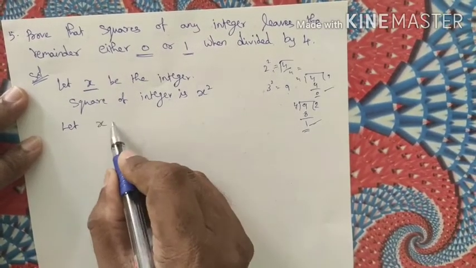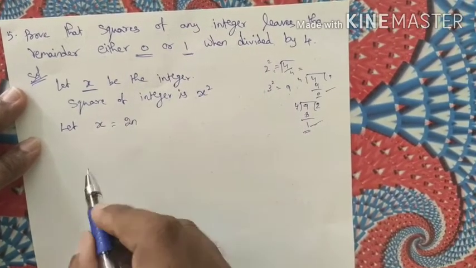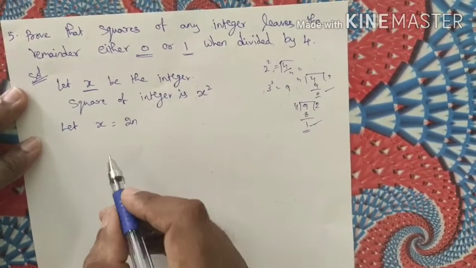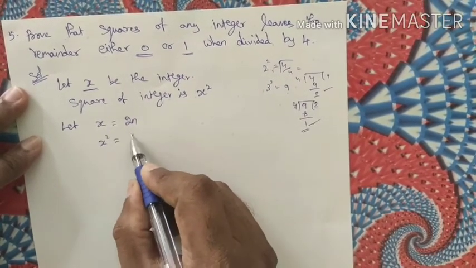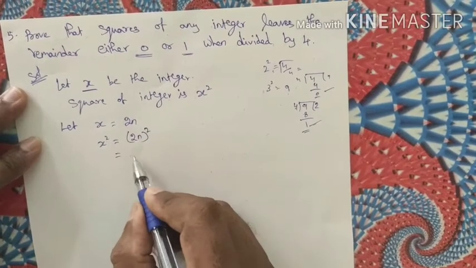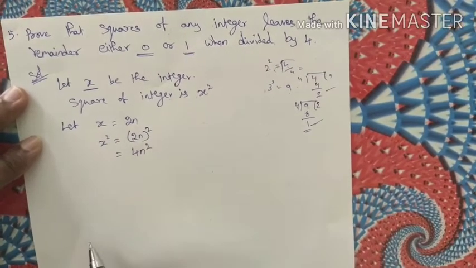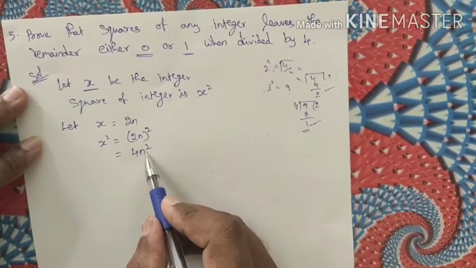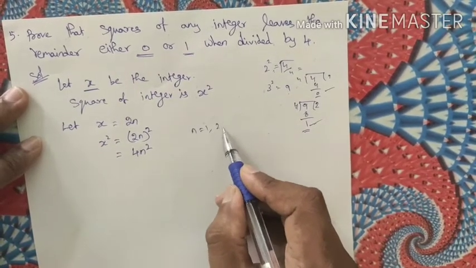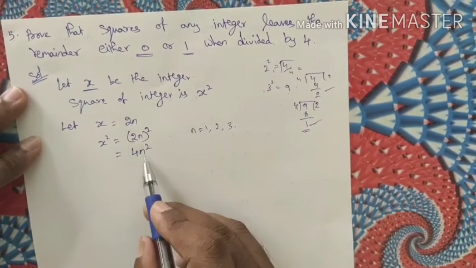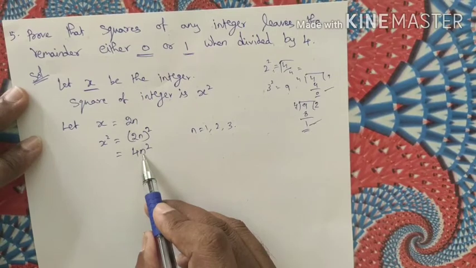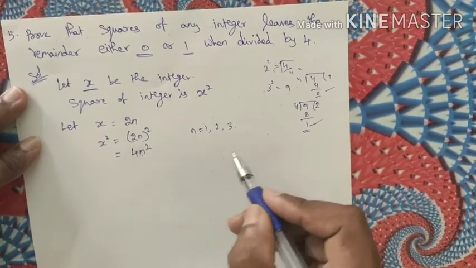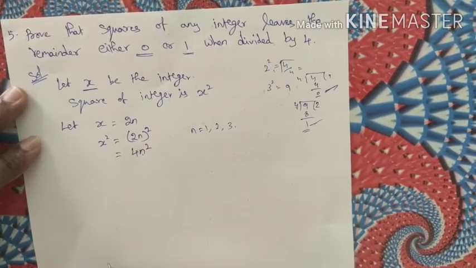Let x is equal to 2n. Then we square it: x square is equal to (2n) whole square, we get 4n square. So whatever value we apply to n, either 1, 2, 3 or whatever, 1 square is 1, 1 into 4 is 4. When we divide by 4 we get 0 as the remainder.